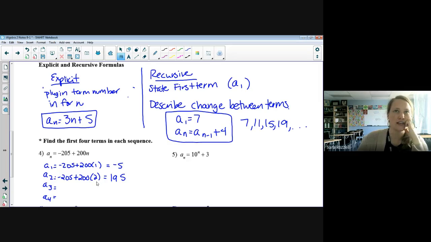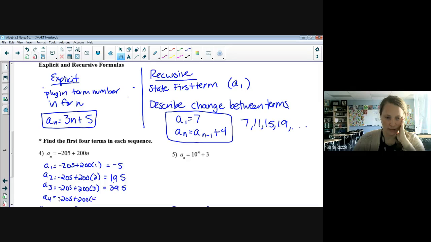What do you plug in for the next one? 3. That's 395. And then at this point, you could probably see a pattern over on this side. You'll probably be able to just see what it is without having to type this into the calculator. -205, but I'll make sure I'm right, plus 200 times 4. That is 595.